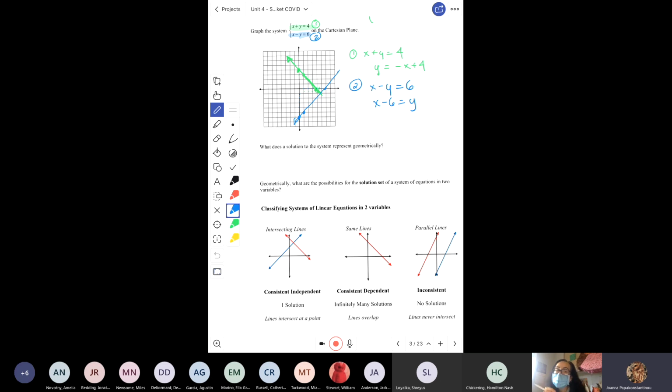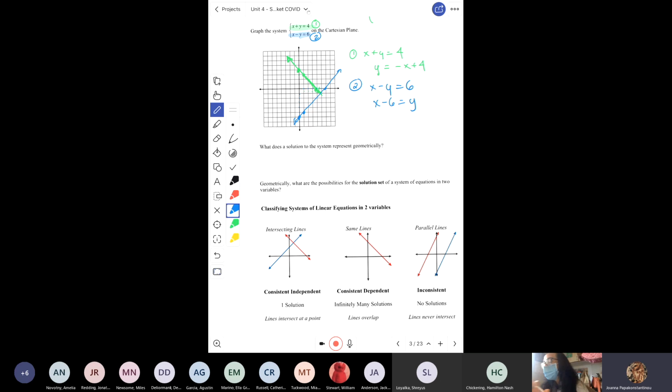Now, graphing will tell you if there is a solution. Really, we could look at these two equations and see that they're going to intersect. When is the only time they're not going to intersect? If they're parallel, if they have the same slope. So I can look at the same slope, they're not parallel, they will intersect, so I know a solution exists.